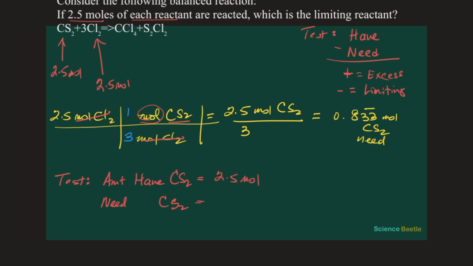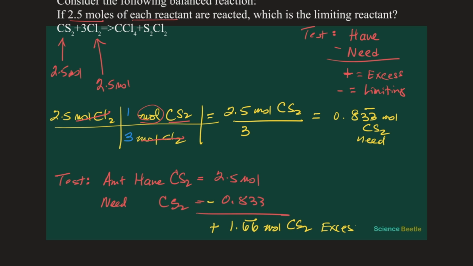And this amount here is 0.833, and we are going to be asked to take the difference. So we're going to subtract these two values here. When we do that, the value that we get here is a positive 1.66 repeating. This is going to be moles of CS2. Now, since we have a positive value, this is going to be in excess.